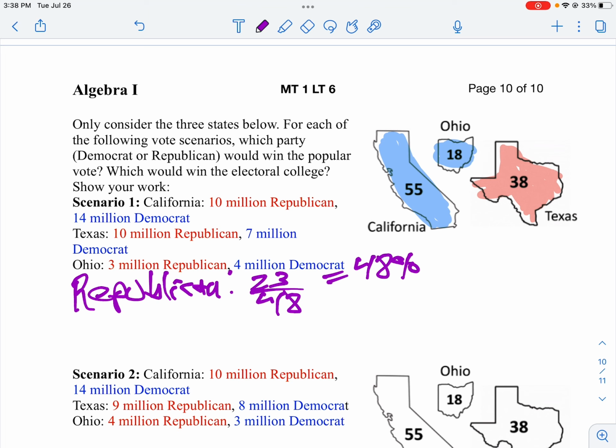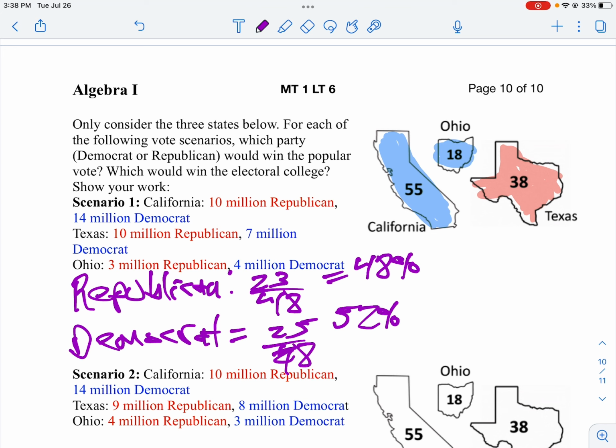Okay. Now, the Democrats, if we look at those, we have 14 plus 7 plus 4, so 25 out of 48. So 25 divided by 48, using my calculator here, is going to give us about 52% of the popular vote.